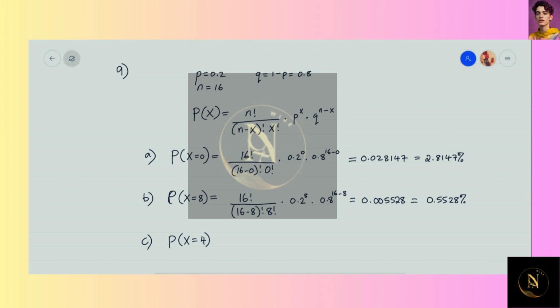So we'll have the following substitution: 16 factorial divided by (16 minus 4) factorial multiplied by 4 factorial, and then this fraction multiplied by 0.2 raised to the power of 4 and 0.8 raised to the power of 16 minus 4. When you work that out, you get 0.2001, and as a percent that will be 20.01%.